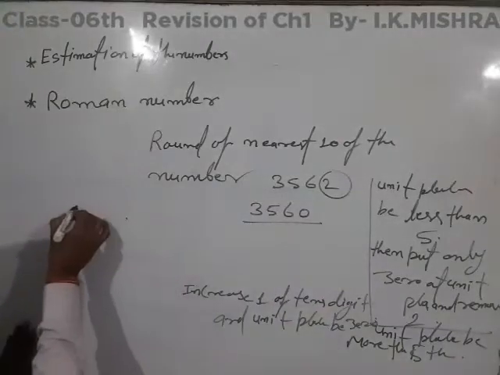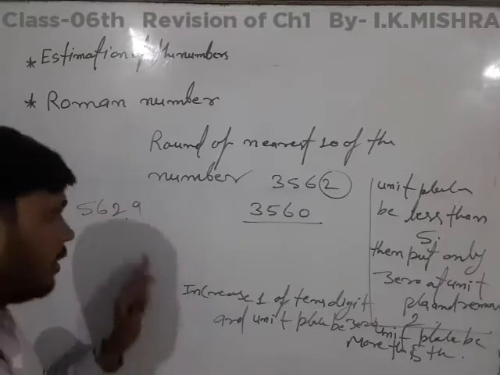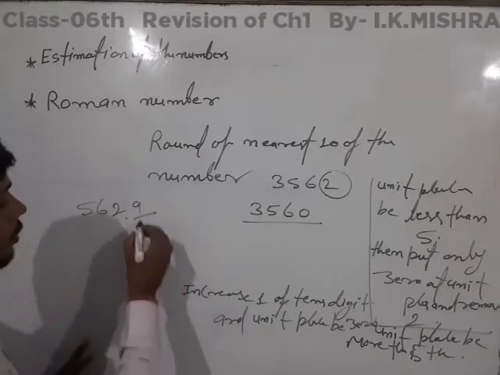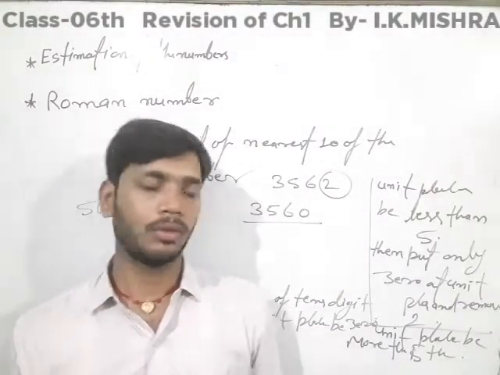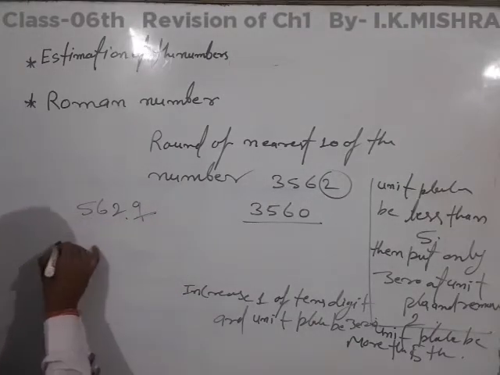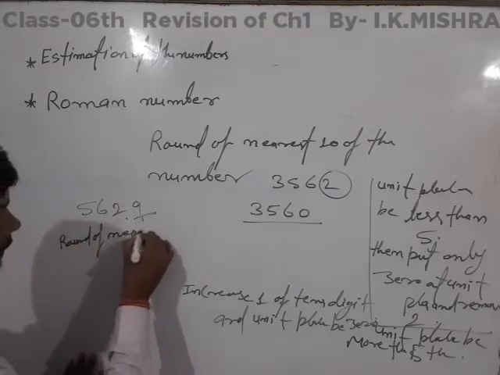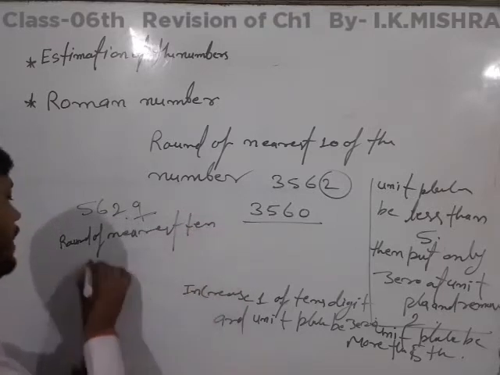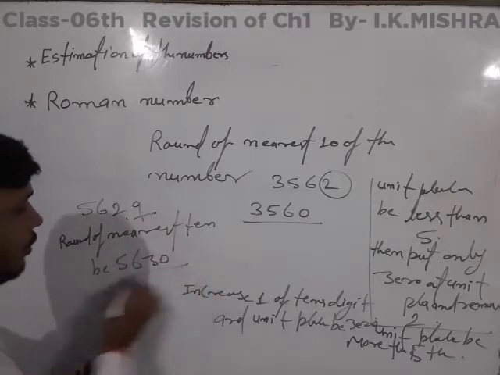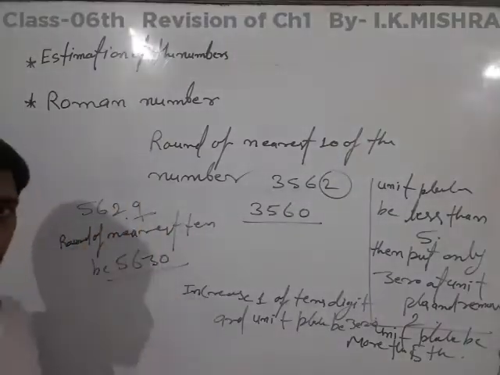Suppose I write a question, 5629. Students, observe the unit place is 9, so it is greater than 5. So remove the unit place and add 1 to the tens digit. So its nearest 10 will be 5, 6, and it will increase by 1 to 3, and the unit will be 0. So the nearest 10 is 5630.